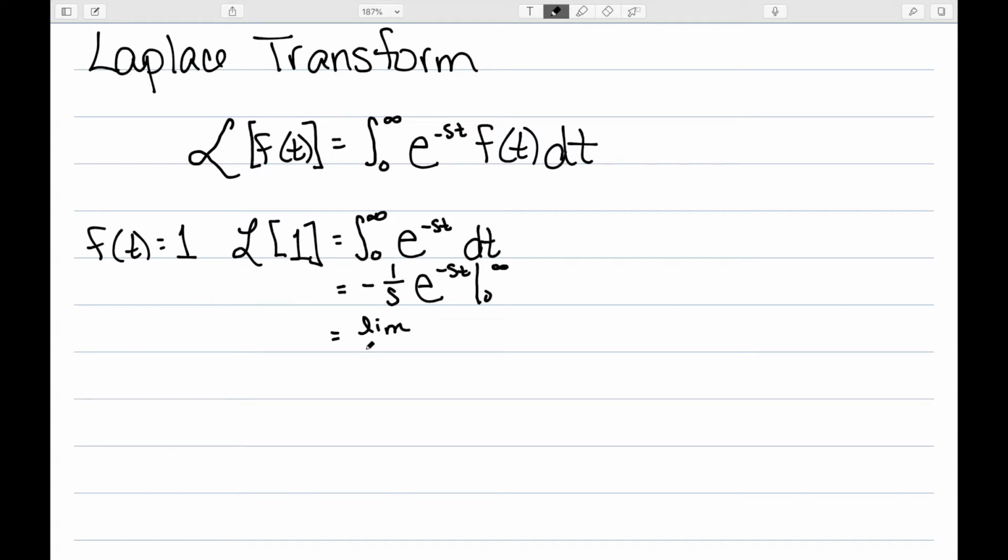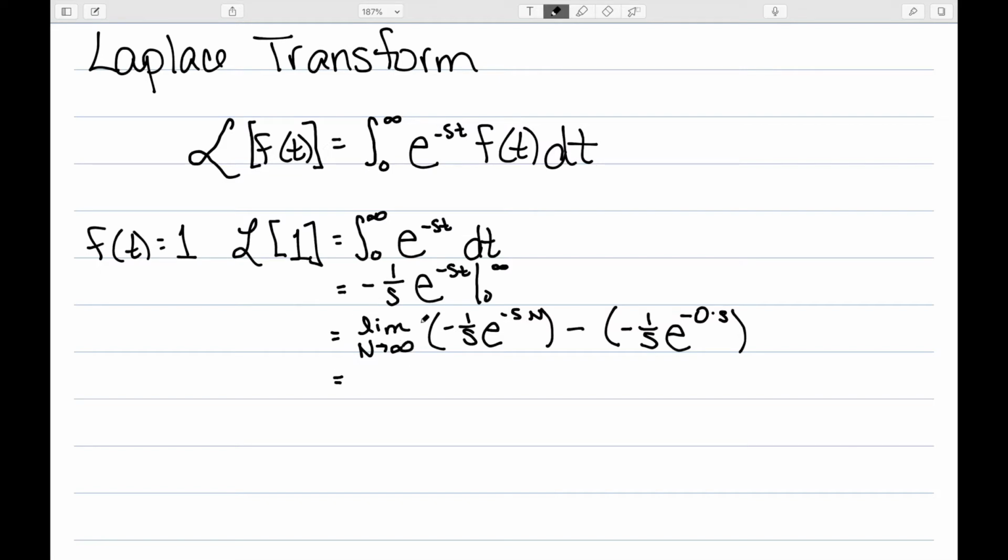Evaluating the bound to infinity means we want the limit as n goes to infinity of minus 1 over s, e to the minus sn, and then minus, if we plug in 0, negative 1 over s, e to the minus 0 times s.